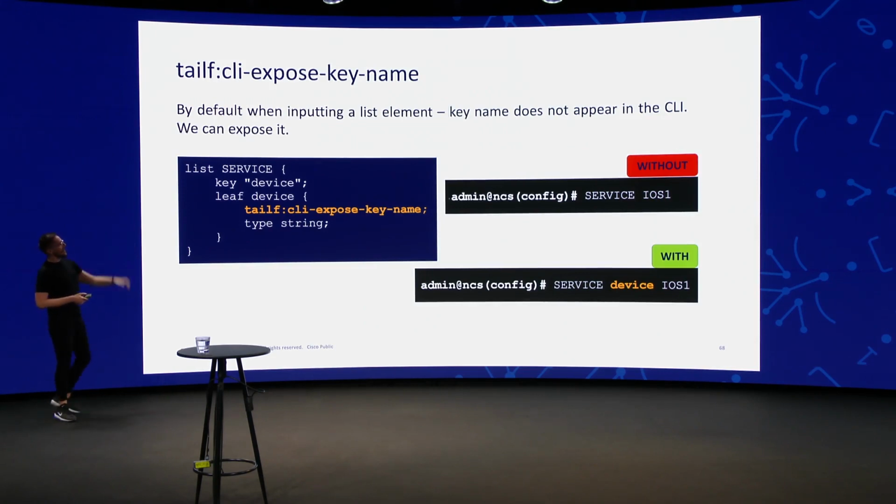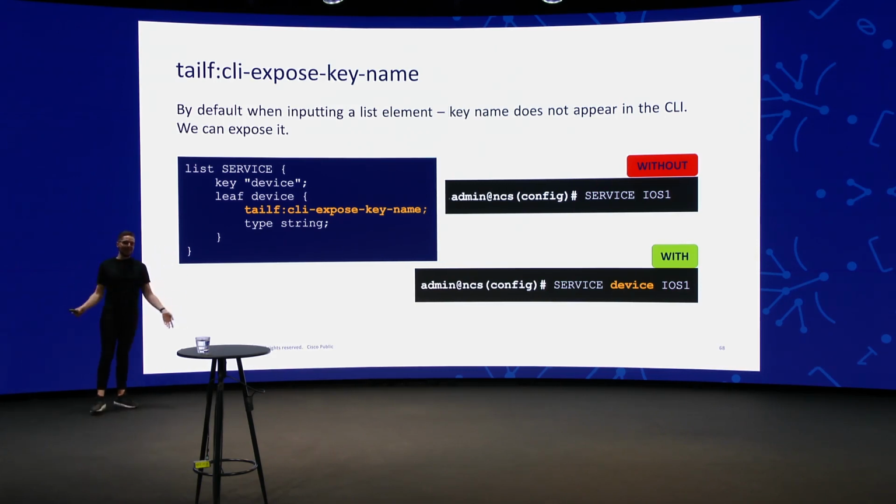CLI expose key name. Again, a small thing, but it makes a huge difference. We had a situation where we were configuring the YANG data models per device name and VRF name. That was a kind of composite key that we use in the model. The funny part was that when we create our testing environment, the devices and the VRFs are very intuitive, so very often we say something like service iOS 1 VRF test deploy.